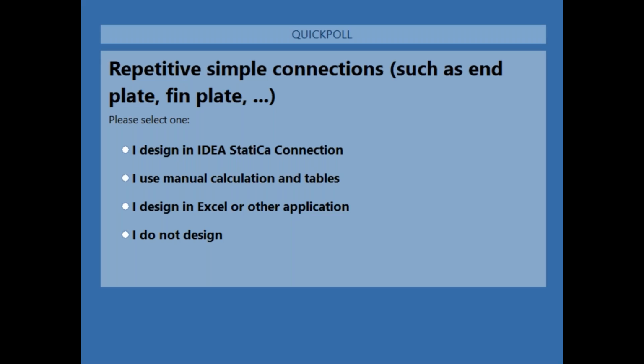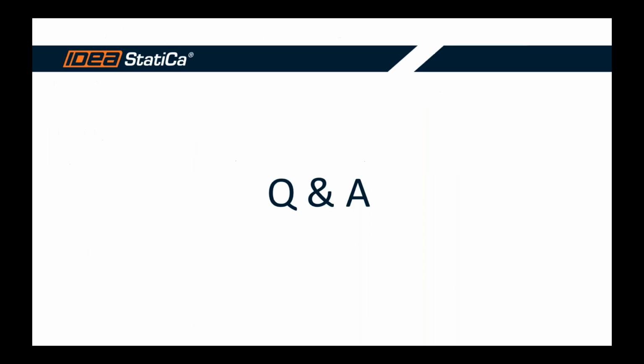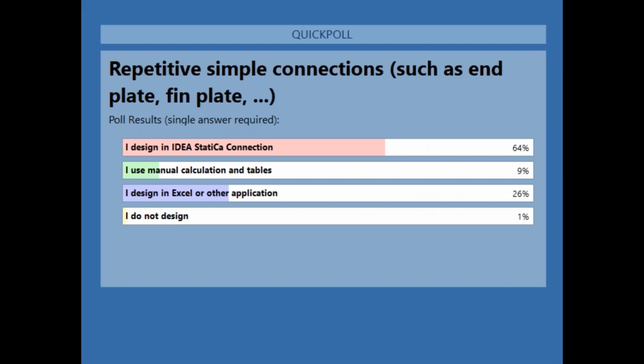I can see the results now, so let's close voting, and I will also show the results to you. So you can see that there are two significant groups. Most of the people use IDEA StatiCa Connection, which is perfect. We are really happy to see such a result.